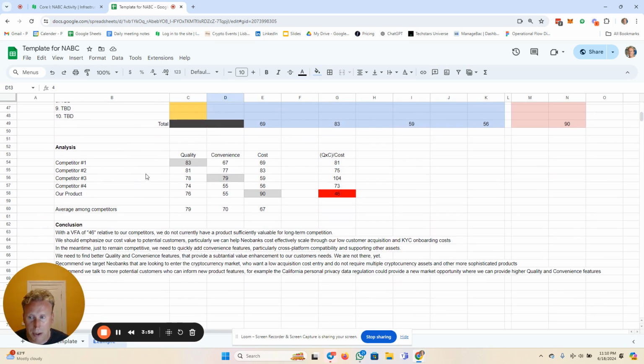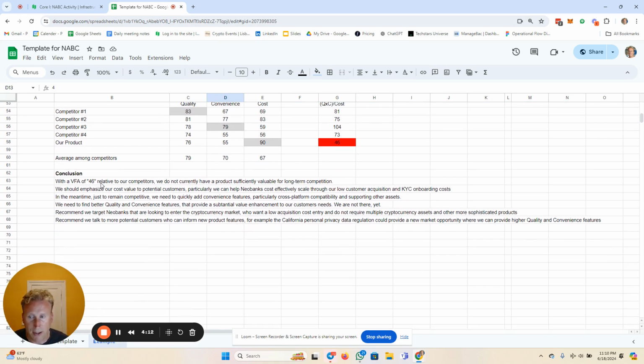Now we're able to look at the competitors against these categories and put it in one simple table. Then you can start looking at where you're strong and weak. The idea ultimately is to come up with a value factor analysis, which is this concept here of quality and cost, and arriving at the actual number.